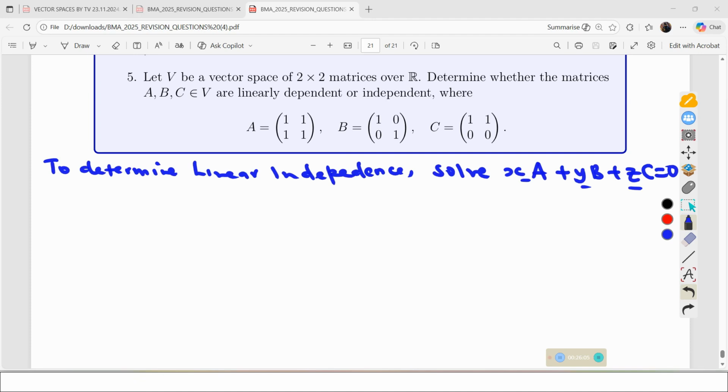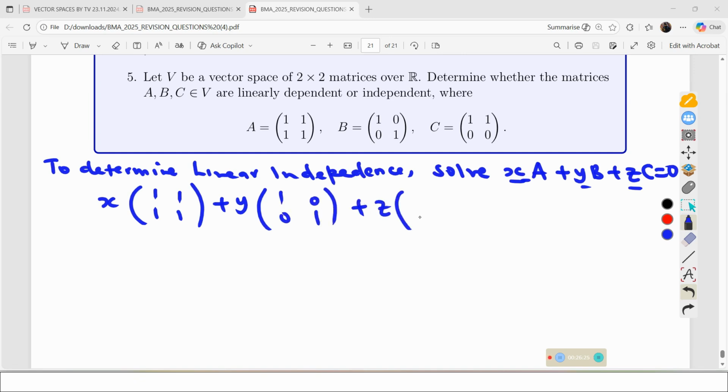Okay, so let us obtain these scalars x, y, and z. We have x into A, which is 1, 1, 1, 1, plus y into 1, 0, 0, 1, plus z into 1, 0, 1, 0. This should be equal to a 0 matrix. This is a 2 by 2, so the 0 matrix will also be a 2 by 2.